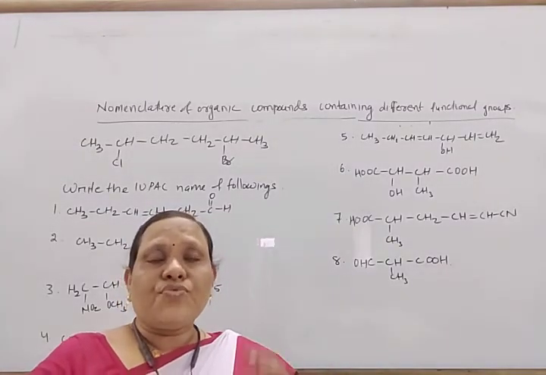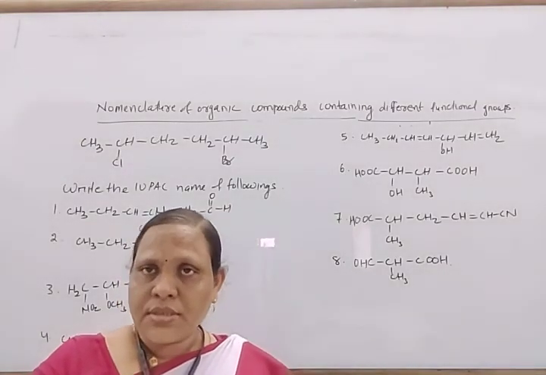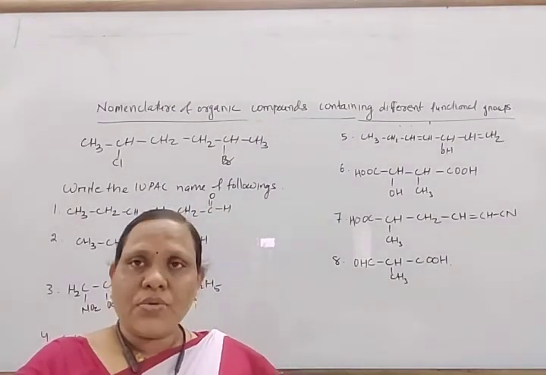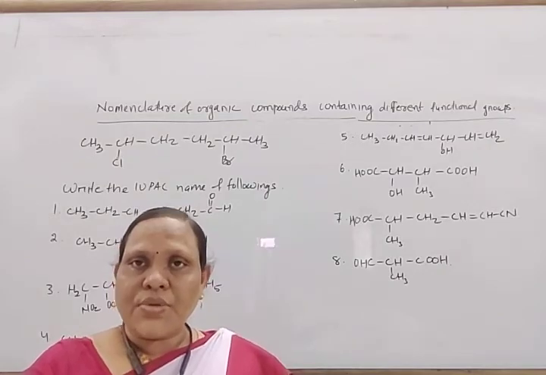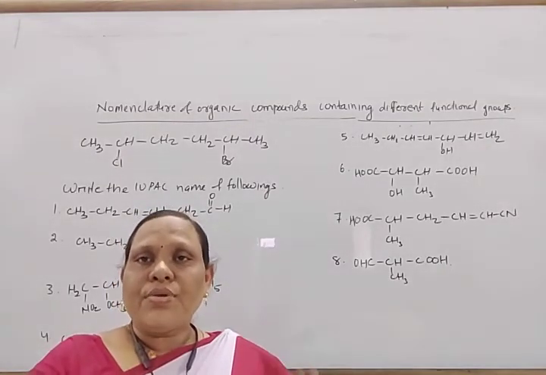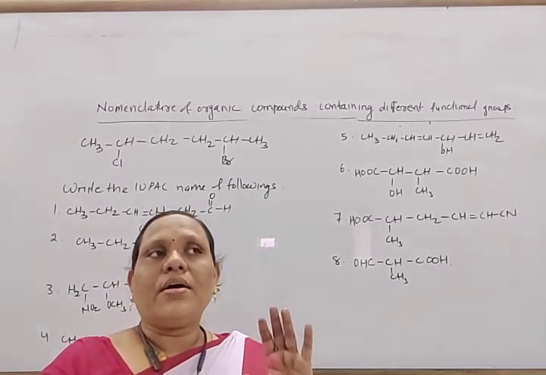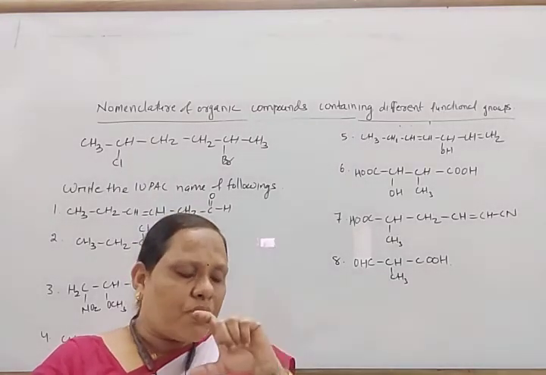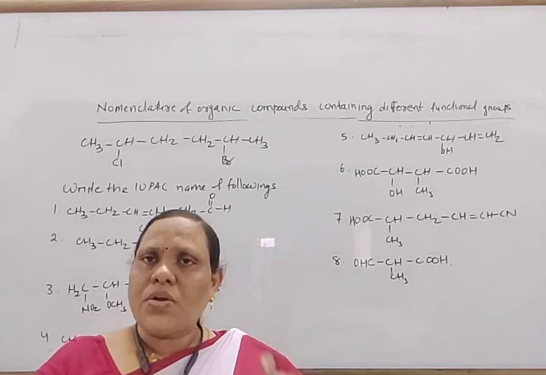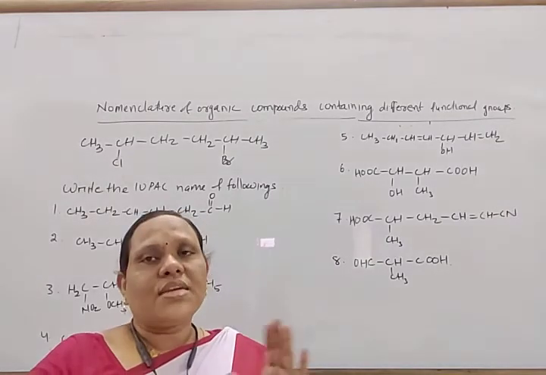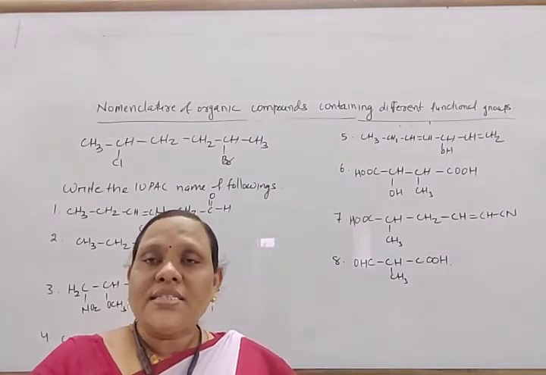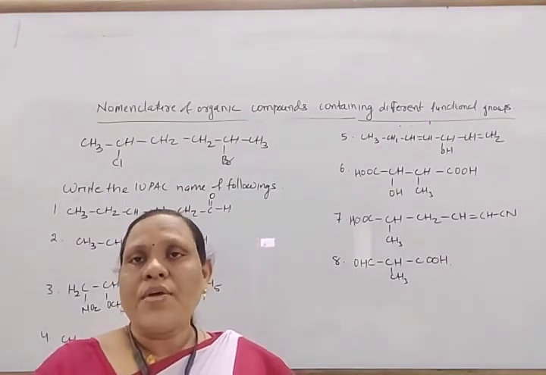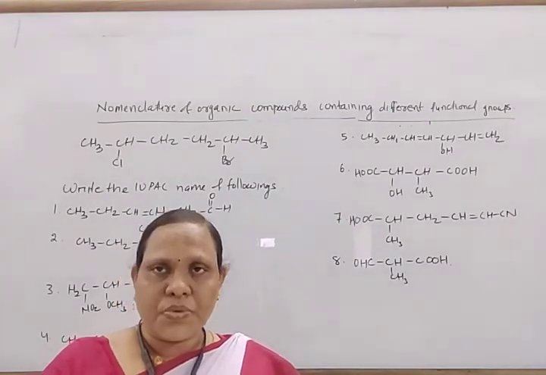So first choose the lowest set of positions, and you know halogens, alkyl groups, alkoxy groups, for that we use the prefix. When different prefixes are there, we have to choose the lowest set of locants. If the set of locants is the same, then arrange them in alphabetical order. Which comes first in alphabetical order should be given the lowest position.